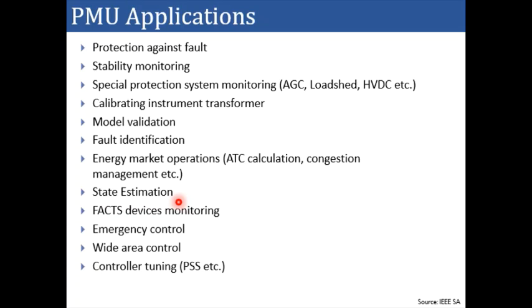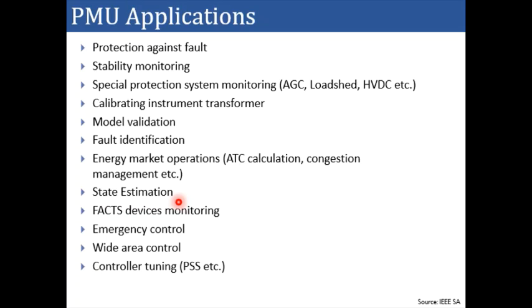If we have PMUs connected at all the buses, the state estimation becomes linear state estimation, and the process becomes very fast, and this makes sure that the state estimation completes before the arrival of the next PMU data set. So in that way, the state estimation can be utilized for real-time monitoring and control of the power system network.